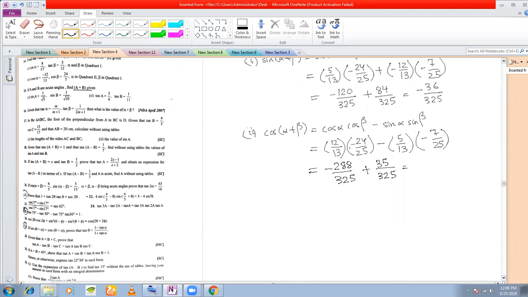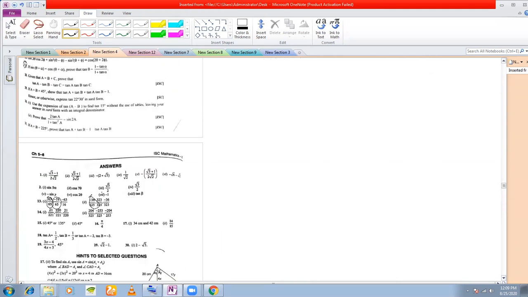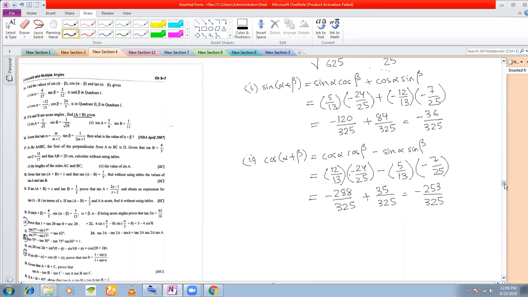And 288 minus 35 or minus 288 plus 35 will give you minus 253 by 325. So this is my cos alpha plus beta. Has it tallied? Yes. It has 253. 3 showing 323. Should this be a negative sign?